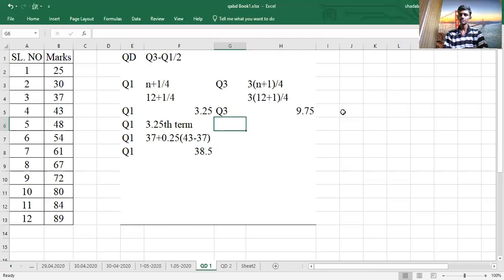That gives 9.75. Here also we don't know the value for the 9.75th term. We know the value for the 9th term is 72 and the value for the 10th term is 80.